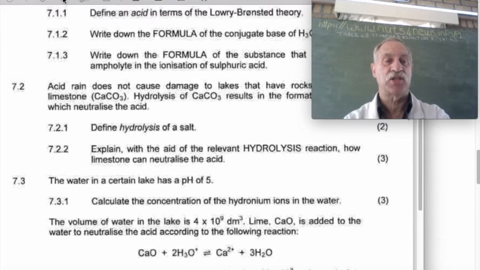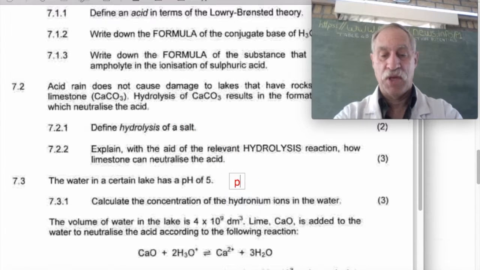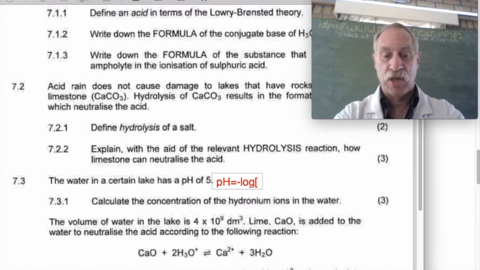Let's just get a text box here. pH equals the negative log of, in brackets, the hydrogen ion concentration, H3O plus concentration.